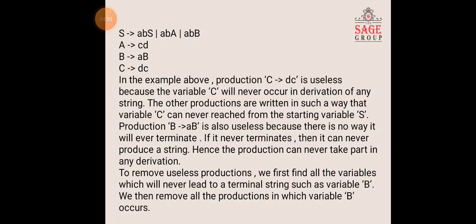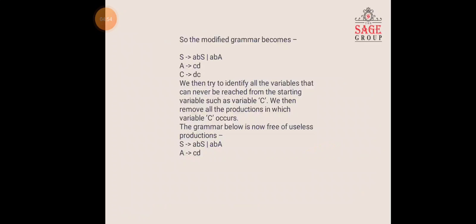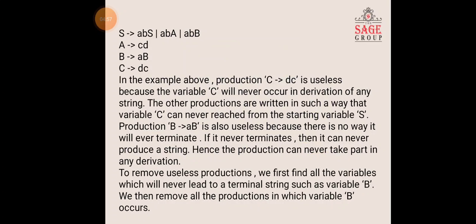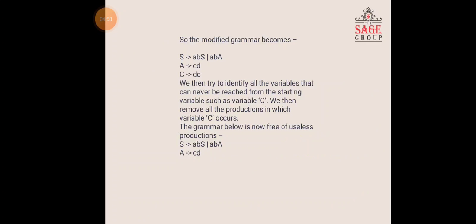In this example, we have identified the useless variables, and after identification we need to eliminate them, because we don't want these useless symbols in our productions. So we have found two productions from the given example, and these two productions have to be removed from the grammar. So we need to modify our grammar.